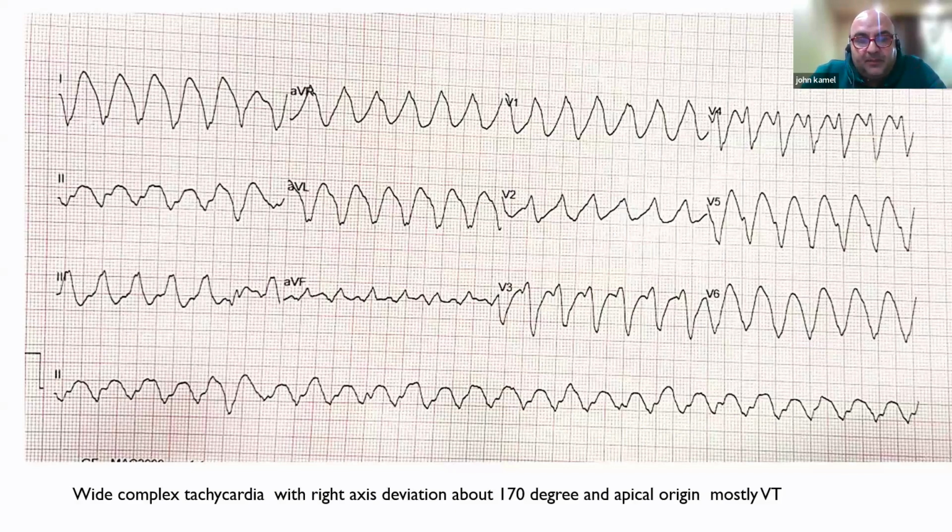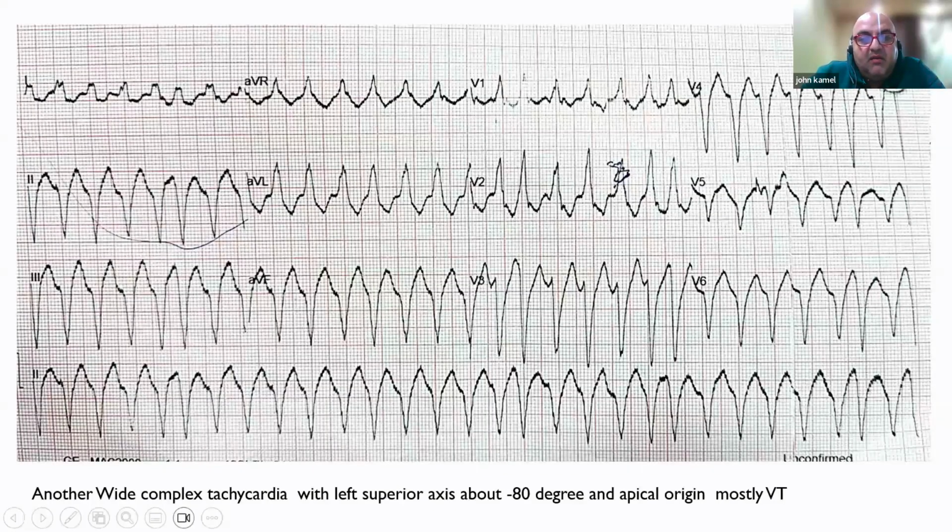This is also another documented VT for the same patient. As we can see, it has a different morphology from the previous one. It has a left superior axis; leads 2, 3 and aVF are negative. So the axis is about -80. And again V3 and V4 have a negative QS complex, suggestive of apical origin.